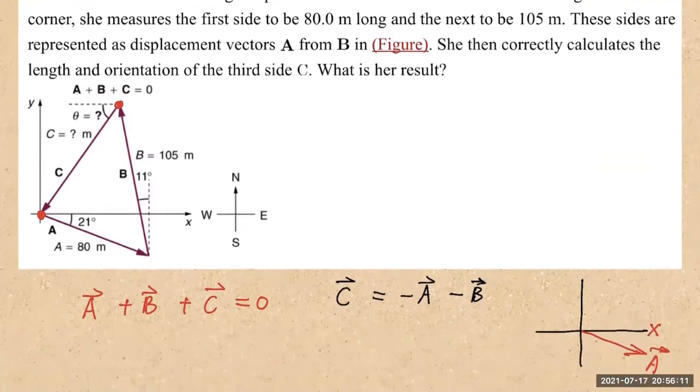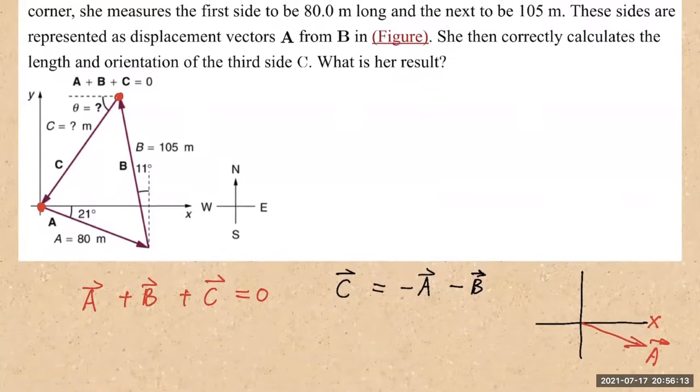In order to find the component expression of a vector, we need to know two things. One is its magnitude. For vector A, that's 80 meters. And then the direction, labeled by the angle between vector A and the positive x direction. How does one define that angle?